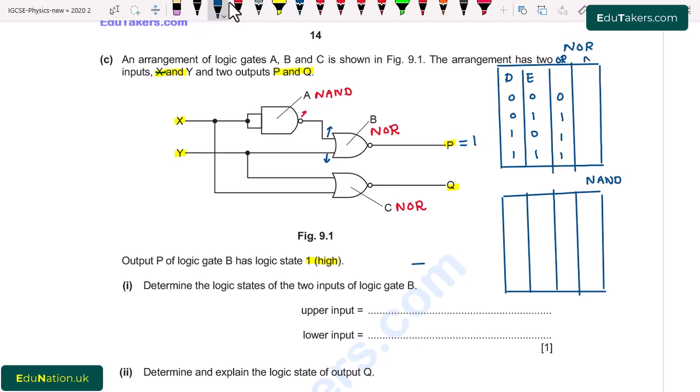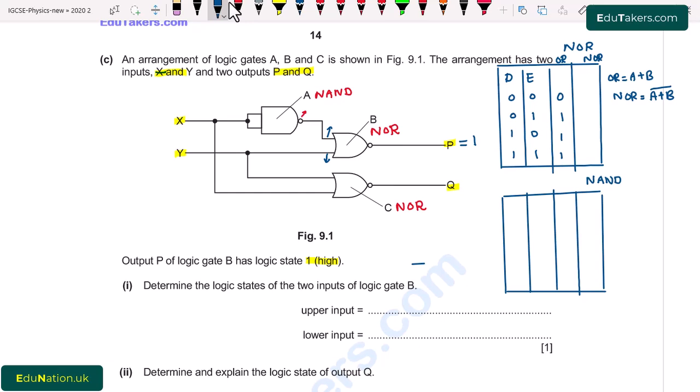And when I apply NOR, it means that OR gate is A or B. Then NOR gate is basically when I apply NOT gate over it.